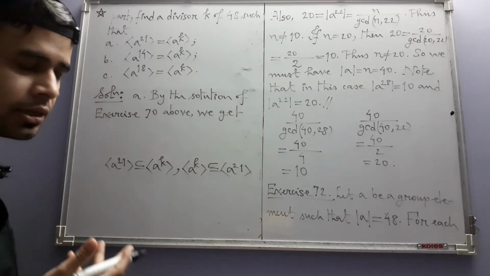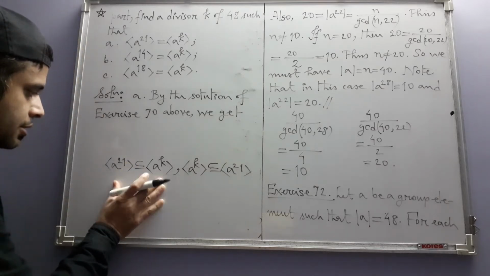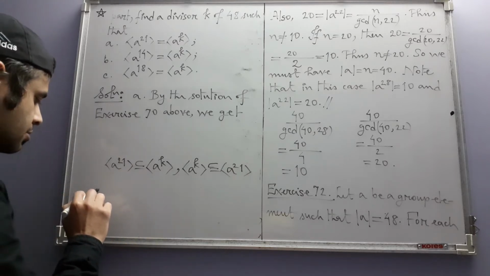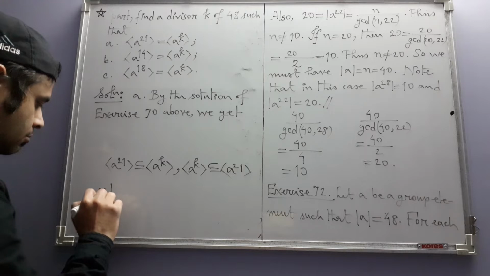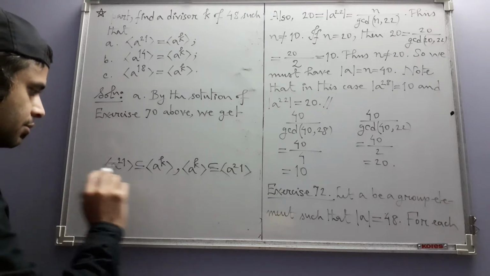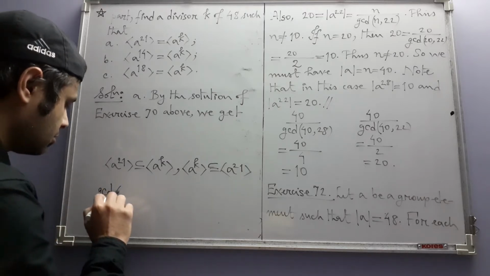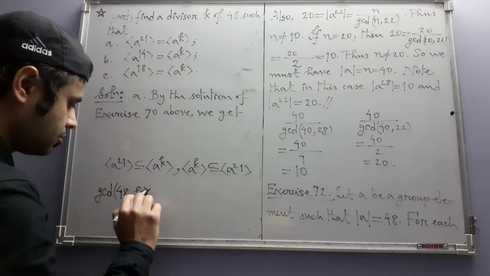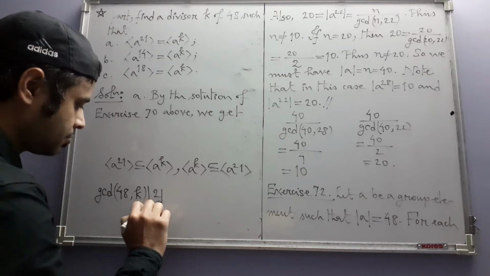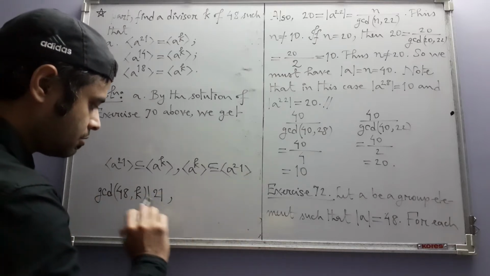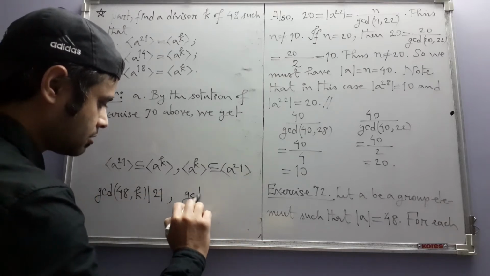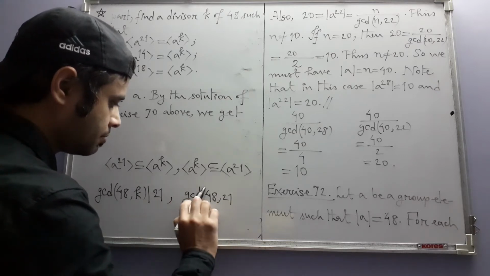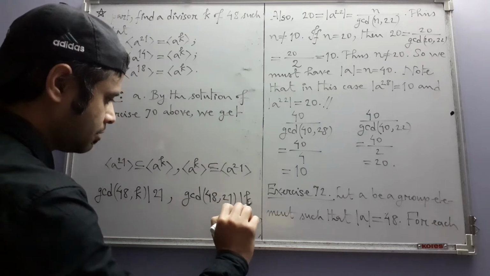So according to our necessary and sufficient condition for this inclusion to be true, an equivalent condition is this: GCD of the order of A, which is 48, and K should divide 21. And for this one to be true, an equivalent condition is this: GCD of 48 and 21 should divide K.